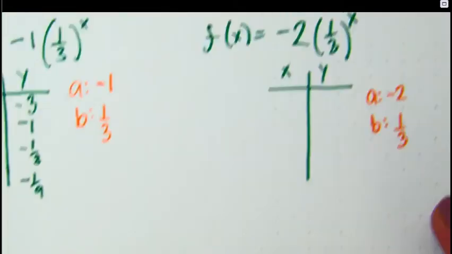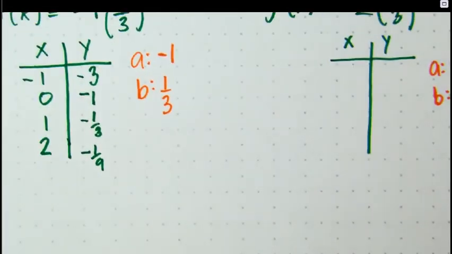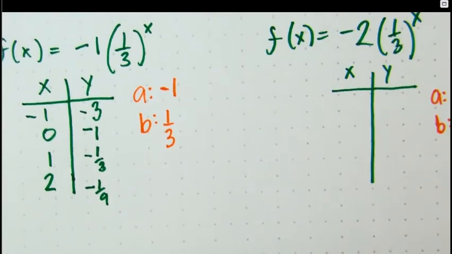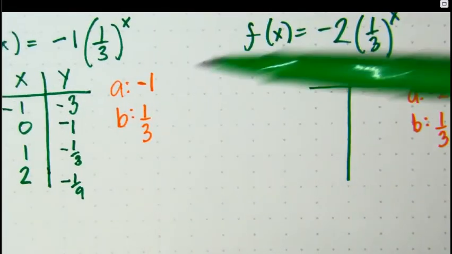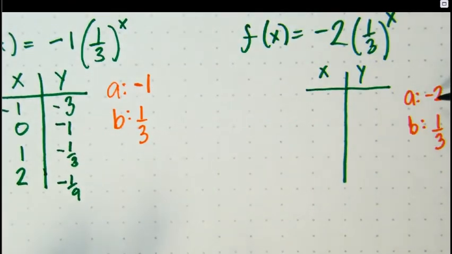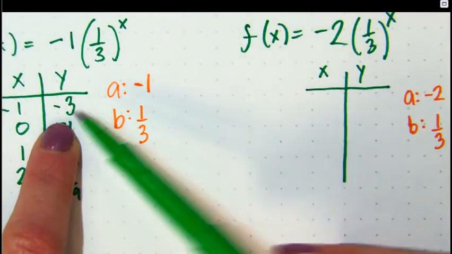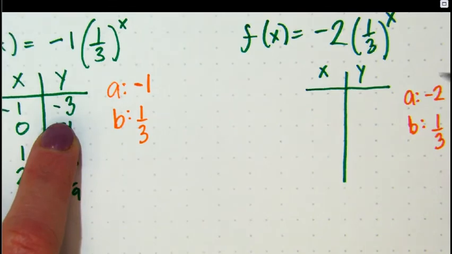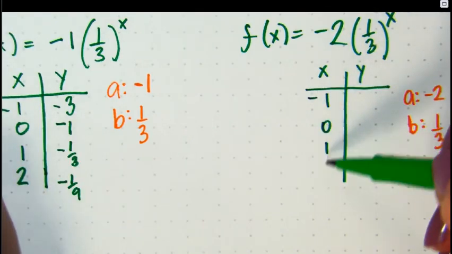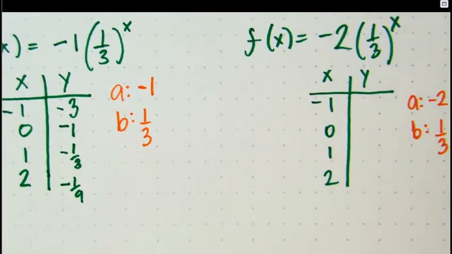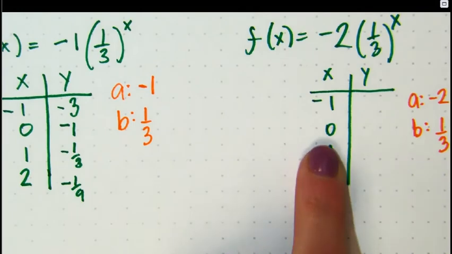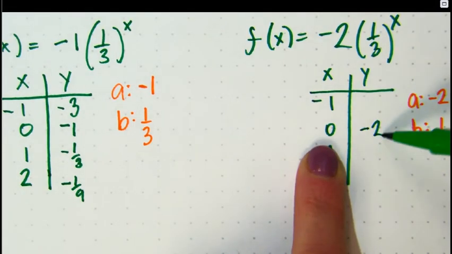So if we look at this, something like that could possibly follow as well. And these are all strategies to help you be a little more efficient. So since my a was multiplied by 2 or doubled, my y values should probably double on this table. Now that might be a little more trusting of the process than maybe you want, but ultimately, if I look here, my a is -2, so my y-intercept is -2.